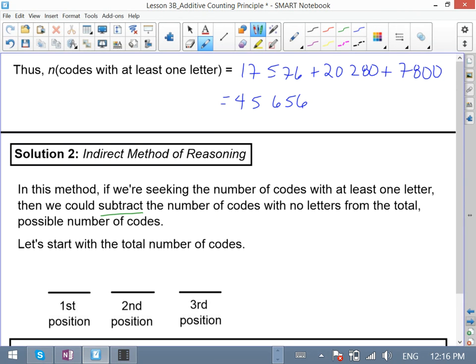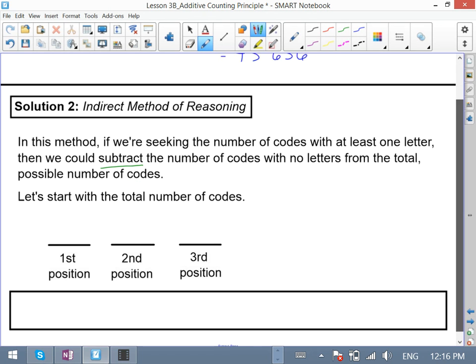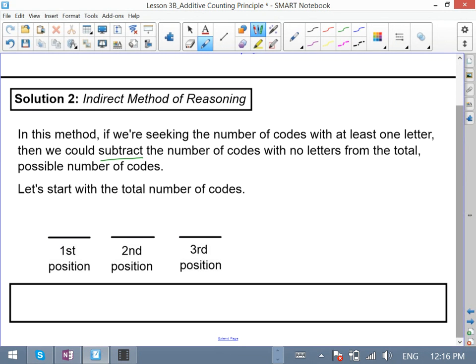So let's start with the total number of codes. That means we have to consider how many possible symbols we have for any one of the positions. There are no restrictions on what can be in those positions, so we could very well use letters and numbers. In the first position, we could have 26 letters or 10 numbers, which would give you 36 possibilities.